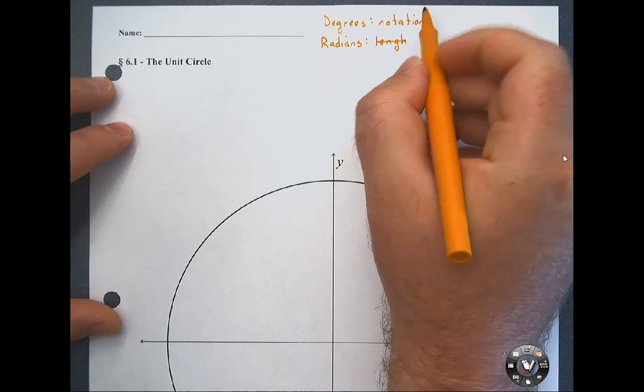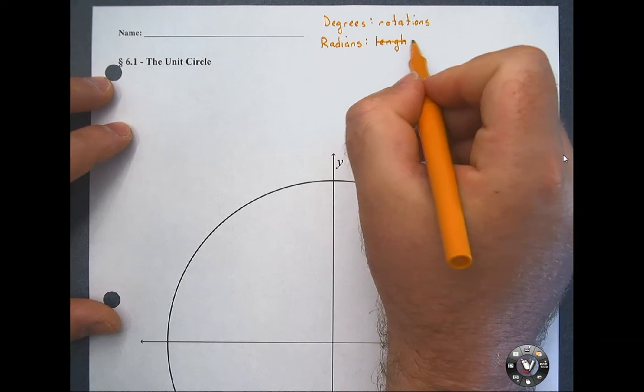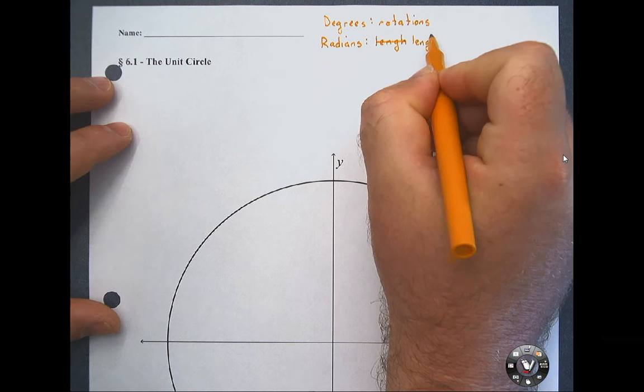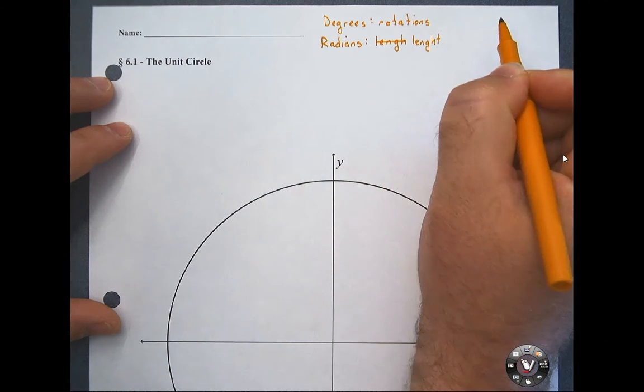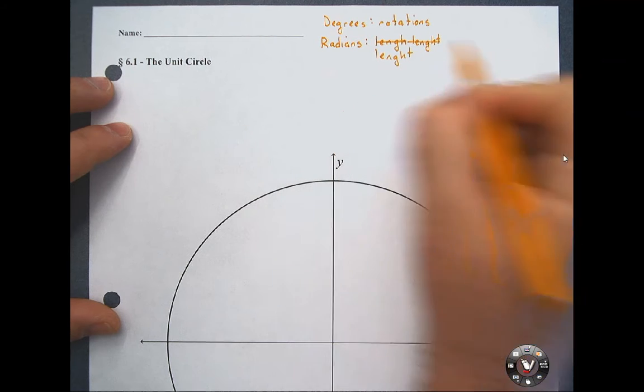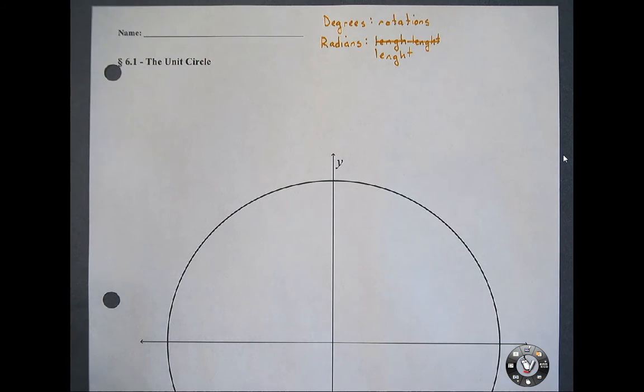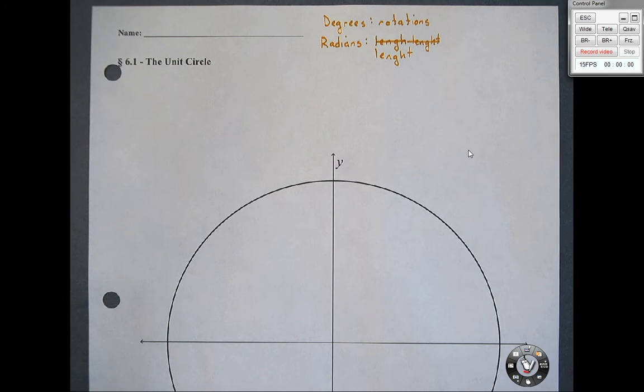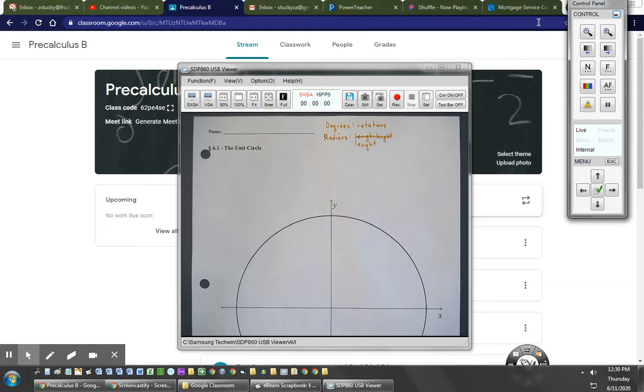Oops, let's try to spell length. Wait, was that right? Yeah, that was right. No, that's not right. How about that? Is that how you spell length? All of a sudden my brain is freezing on how to spell length.